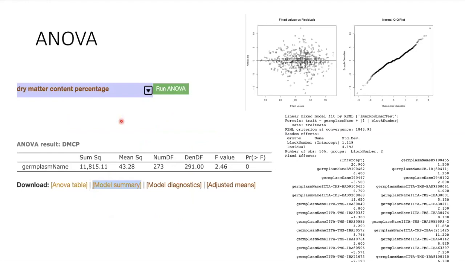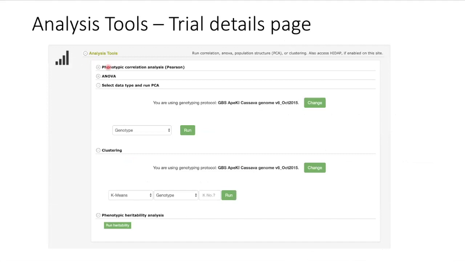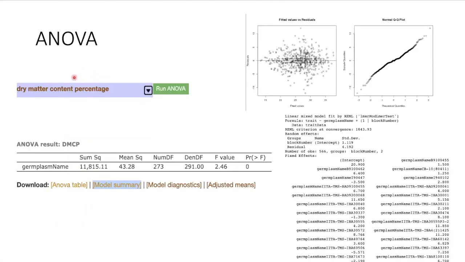Going to ANOVA. ANOVA is in the same place. Let me show you again. There is a phenotypic correlation, and just a little bit down, ANOVA is there. There you can select the trait you want to calculate ANOVA for, and click on Run ANOVA, and you see a result like that.